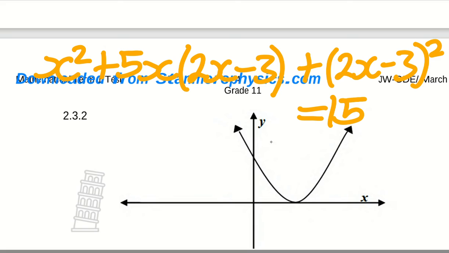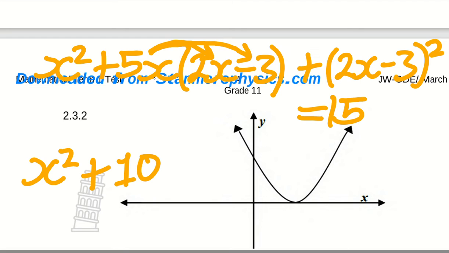Okay, now let's simplify. We're just going to say x squared, right? And then we say plus, so we take 5x, we are going to distribute it into the brackets. We times it by everything in the brackets. So 5x times 2x. 5 times 2 is 10. Then we have x and x here.